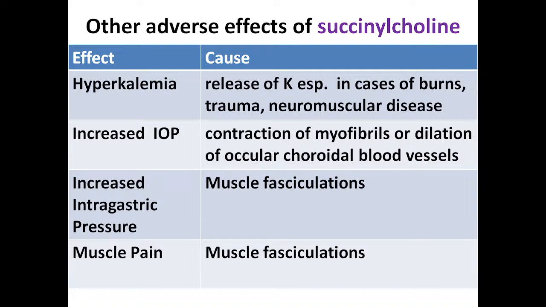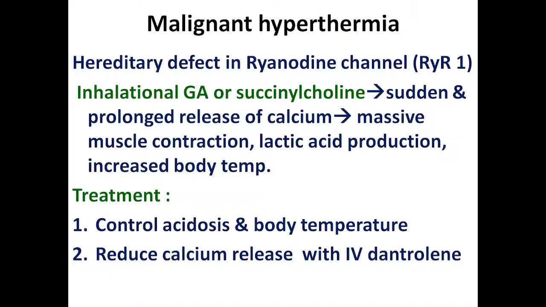Similarly, the initial muscle fasciculations can cause an increase in intragastric pressure, which could lead to nausea or even vomiting. And as I've already said, the muscle fasciculations may be responsible for the post-op pain that the patients have.